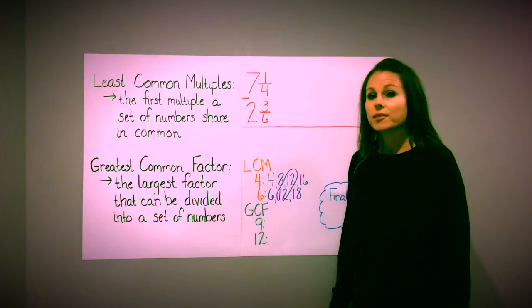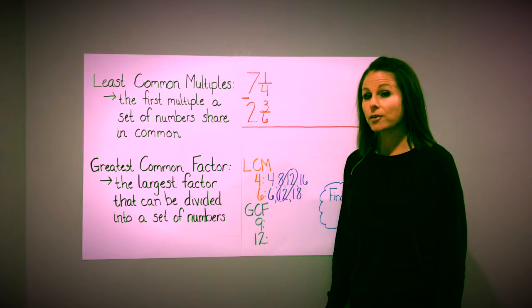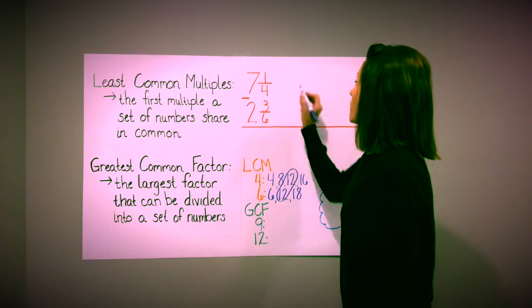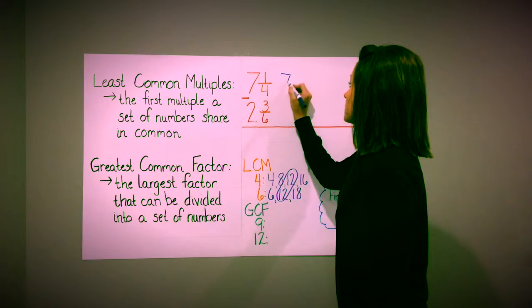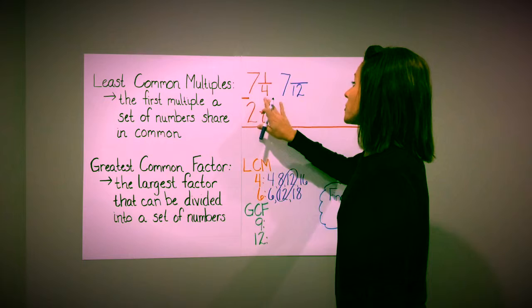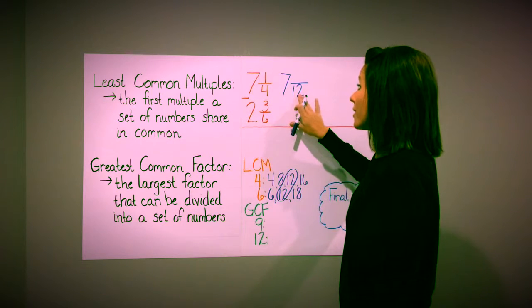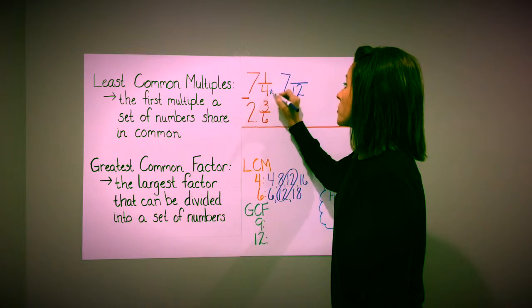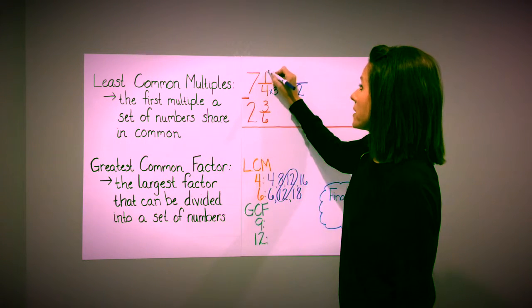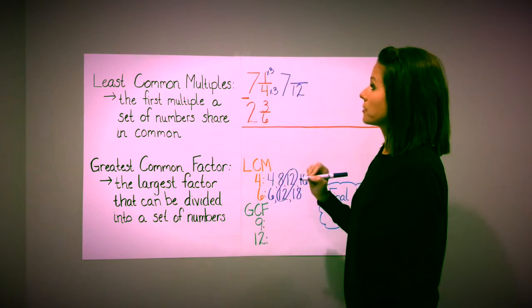Now it is time for us to rewrite our mixed numbers using that common denominator we just found. For the first mixed number, to go from 4 to 12, you had to multiply by 3. So you will need to multiply the numerator by 3 as well.